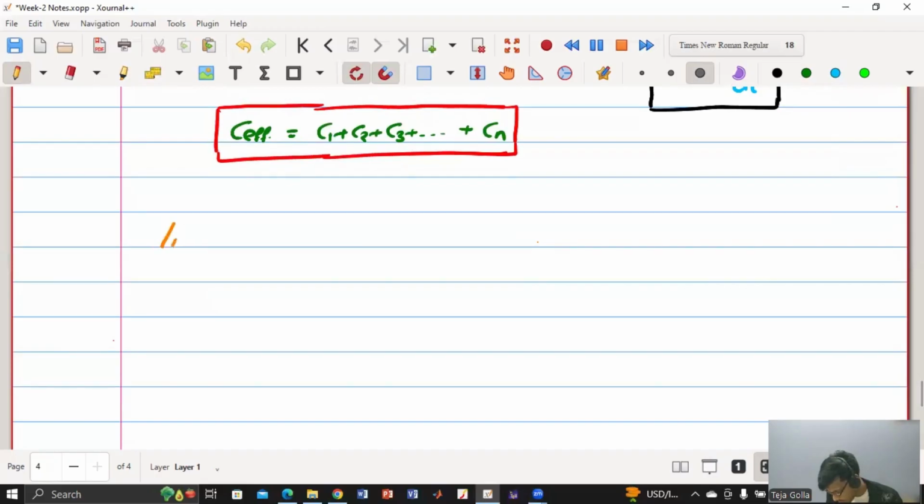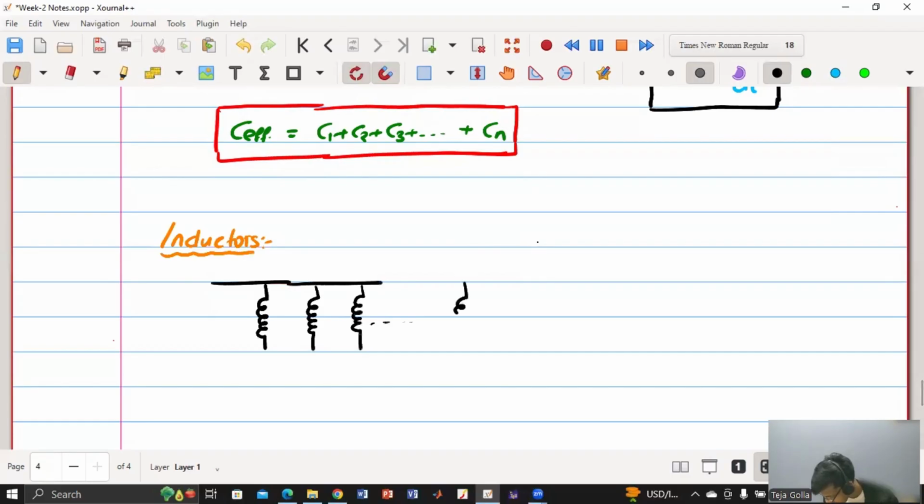Now we will go on to the inductors. If I have n such parallelly connected inductors, can you tell me what will be the effective inductance? If you know the answer, please mention it in the chat box, or you can also say it.